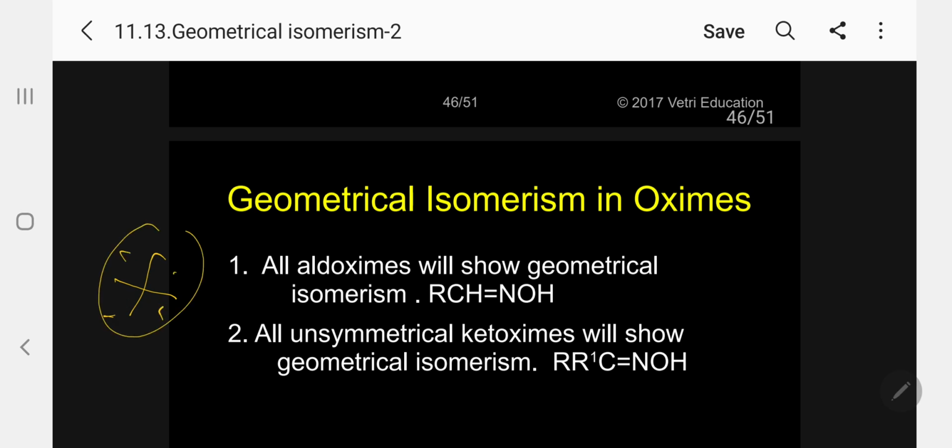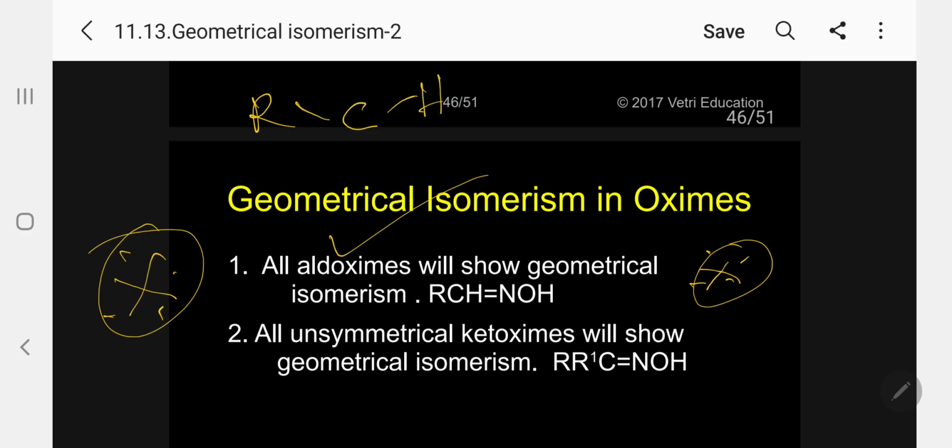Kindly follow. Geometrical isomerism in oxime. All aldoximes will show geometrical isomerism. Please follow. All aldoximes will show geometrical isomerism. The reason is, kindly follow. I am writing R, aldehyde means C, double bond N, here it is OH.